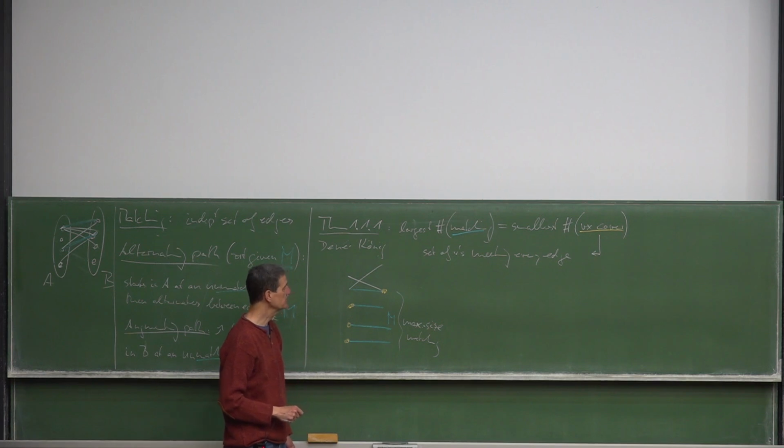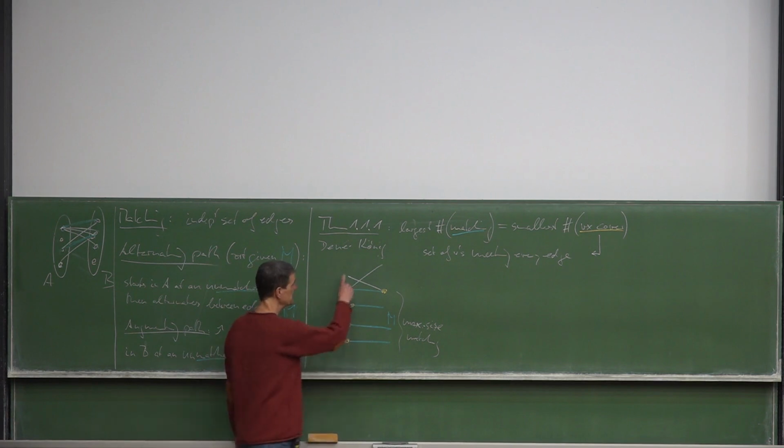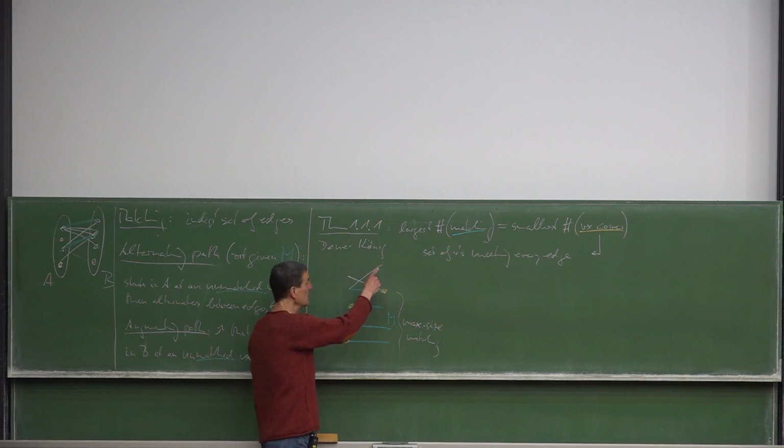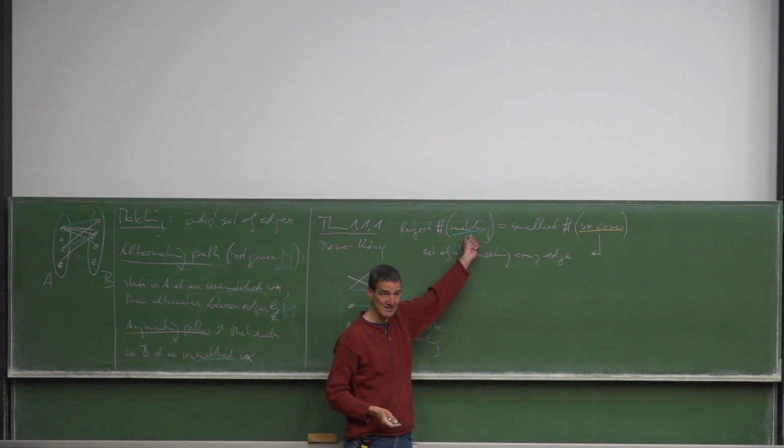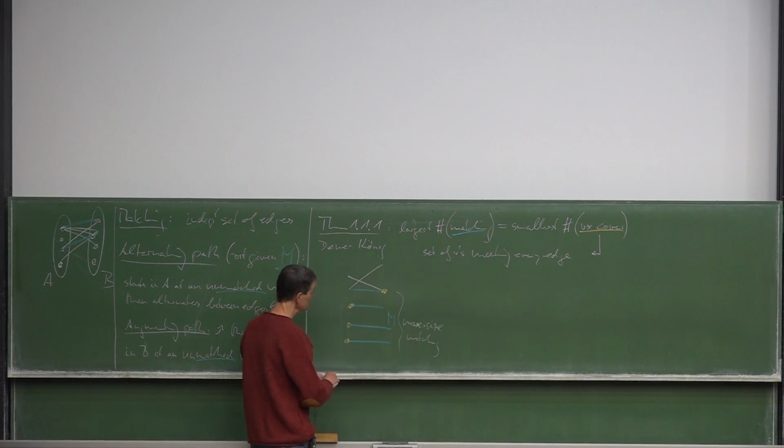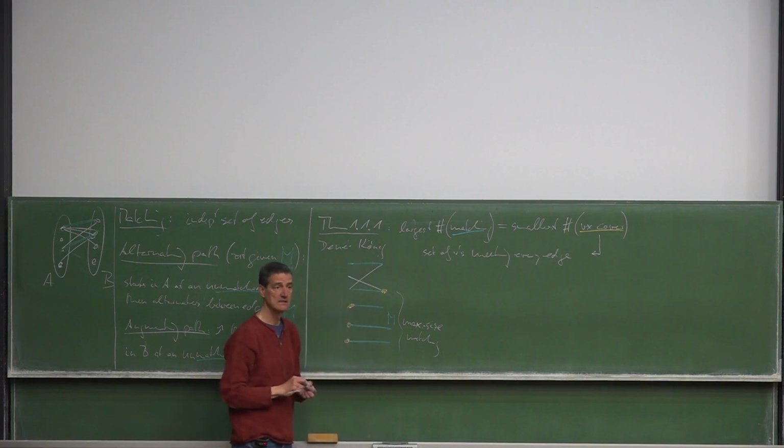Could it look like this? Precisely. This is an augmenting path, right? So that can't exist because we have a largest matching. But it might not be an augmenting path, so it might look like this.